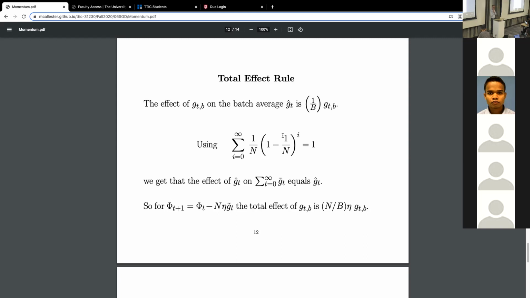So the idea is that if we had an update in terms of the running moving average, the exponential moving average of the gradient, that leaves every data point having contribution 1 times eta, but the momentum equation introduces a factor of n. Which will really affect our noise, our temperature.